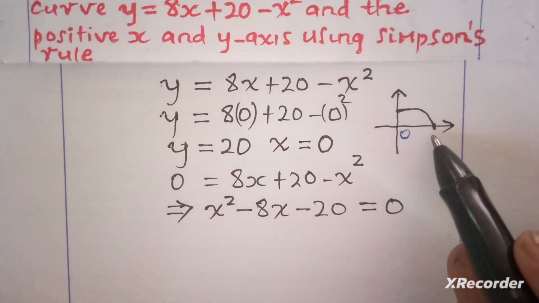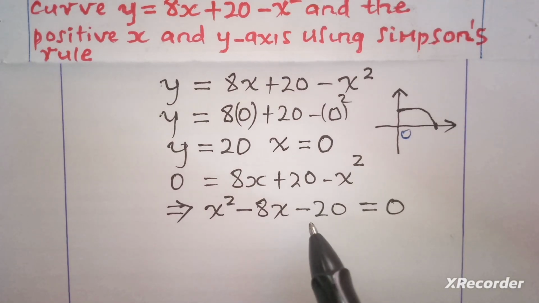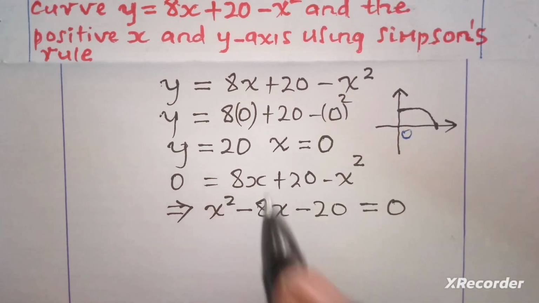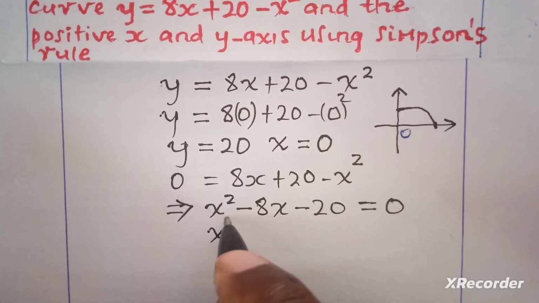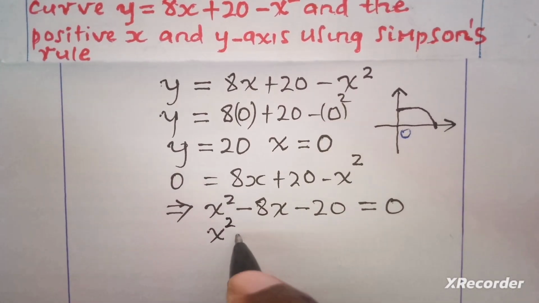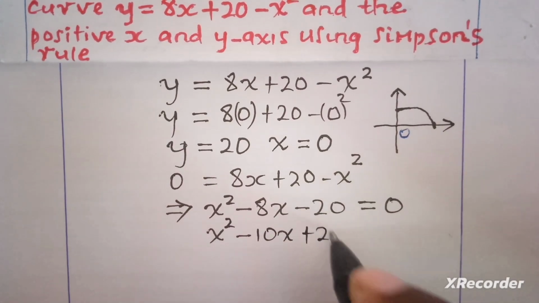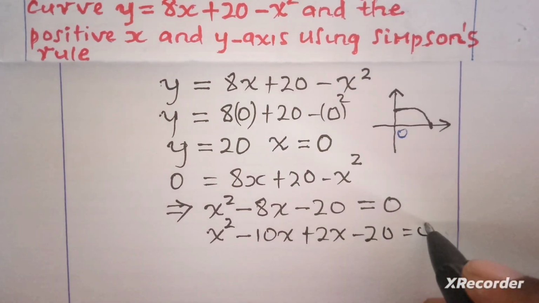We need two numbers which multiply to give negative 20 and add to give negative 8. That is negative 10 and 2. So it is x squared minus 10x plus 2x minus 20 equals 0.